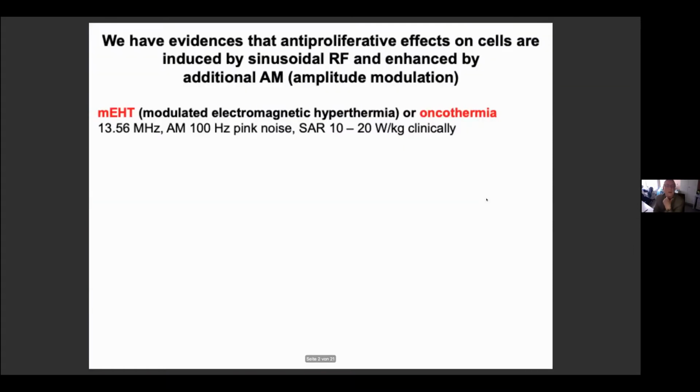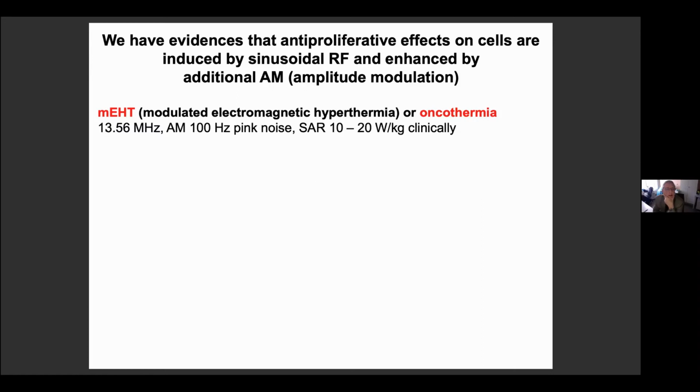So we have already evidence that anti-proliferative effects on cells are induced by sinusoidal radiofrequency and enhanced by additional amplitude modulation. The best known technique is, of course, MEHT, which we are dealing with today, or Oncothermia as it is also called.